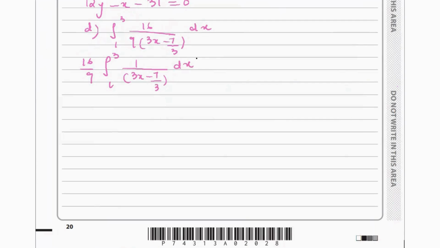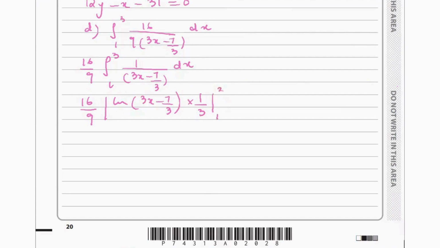If you remember, when we have a bracket in the denominator and its power is 1, we integrate it using logs. So this will become ln of (3x minus 7 over 3), and then we will divide this by the derivative of the bracket. The derivative of 3x minus 7 over 3 is 3, so it becomes divided by 3.